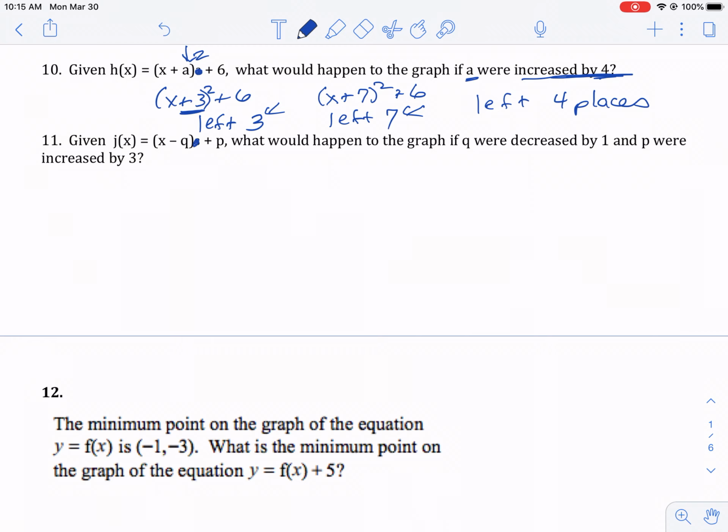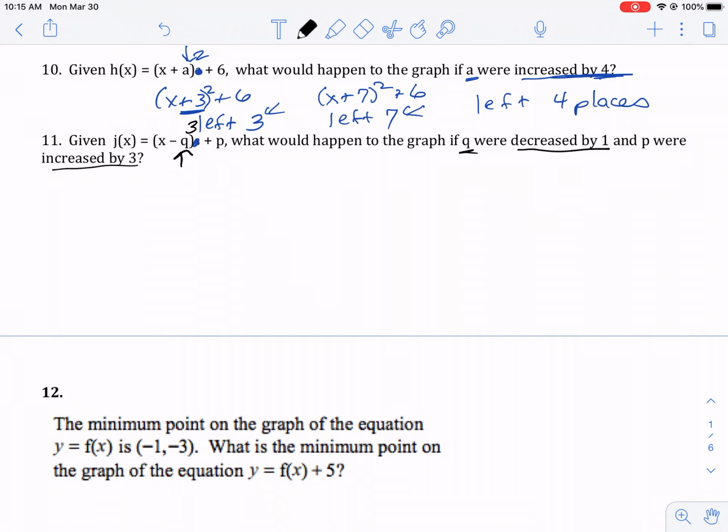All right, this little cube is supposed to be up in the sky. So if j of x is equal to (x minus q) cubed plus p, what would happen to the graph if q were decreased by 1 and p was increased by 3? Well, let's deal with the q first. The q is decreased by 1.